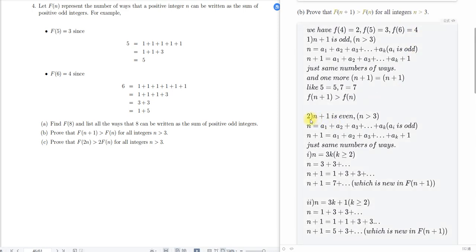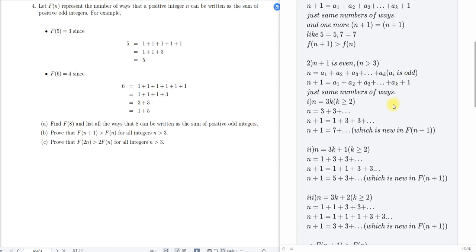Okay, so if n plus 1 is even, and n can be represented like a1 plus a2 plus a3 and plus ak, the same thing. n plus 1 can be represented like a1, a2, a3, ak plus 1. So just the same number of ways. And we can discuss, is there anything new? n equals 3k.